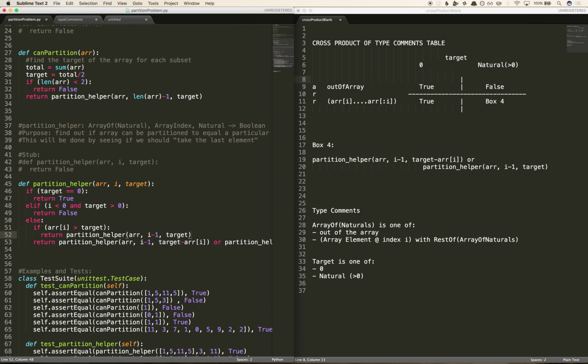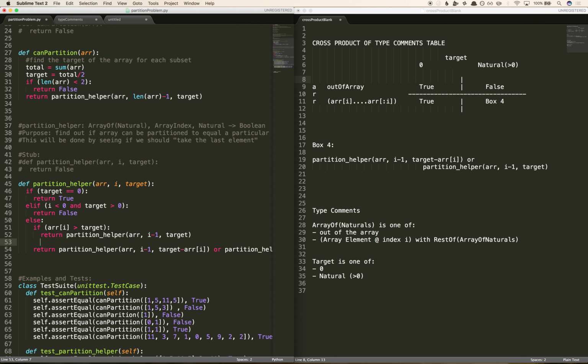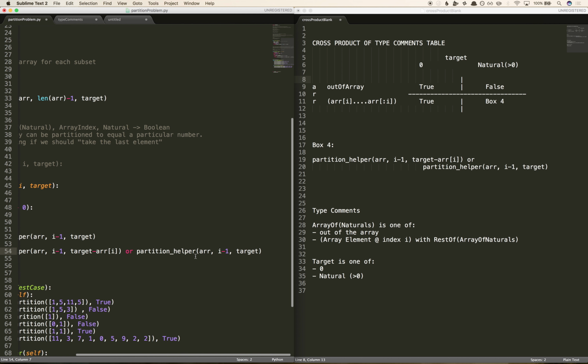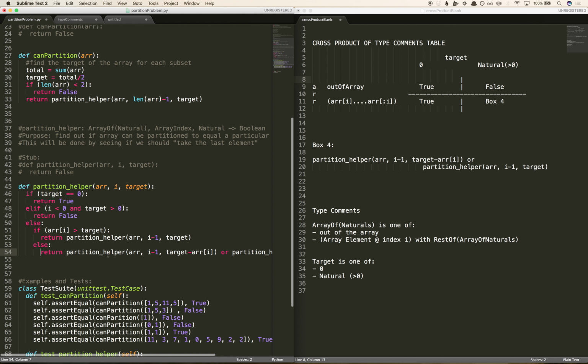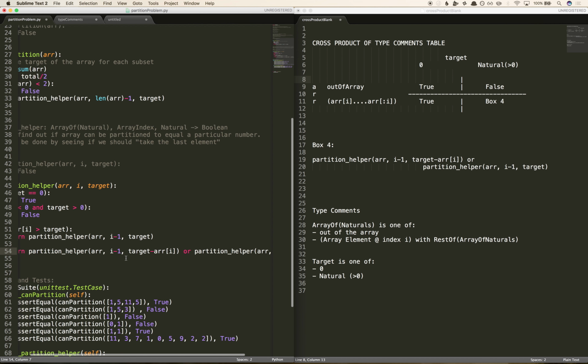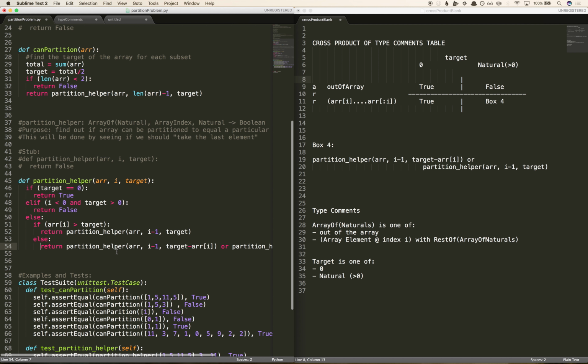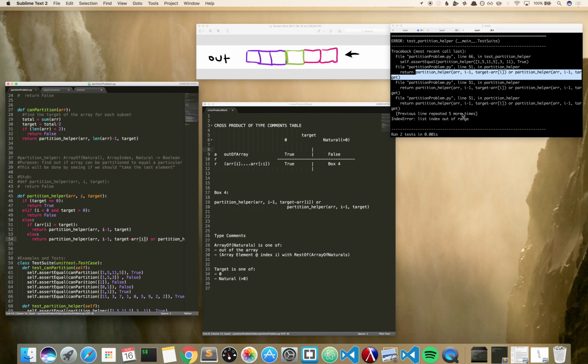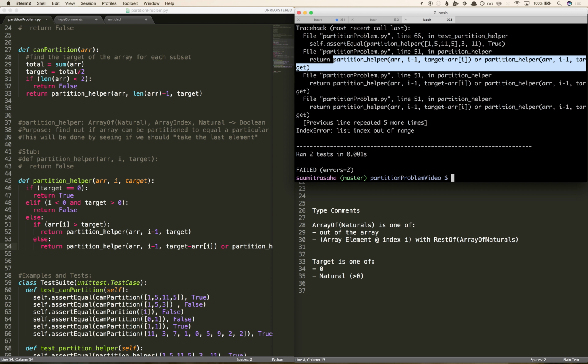And then else, in this case, if the target value stays positive, essentially, then we return both. We try both things, and we see if these smaller dominoes for smaller problems in line 54 help us knock down our bigger problem, which is the whole array. So if we do that, we now run our test.